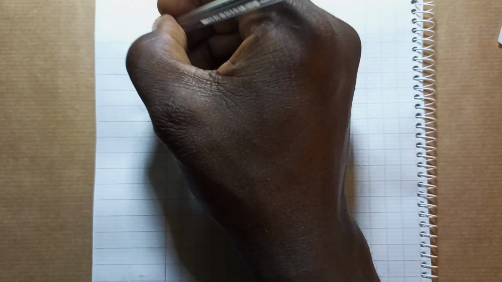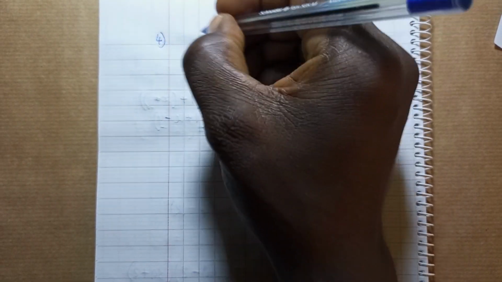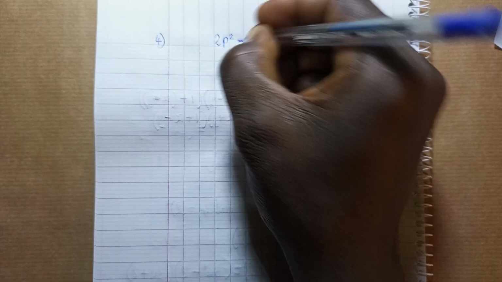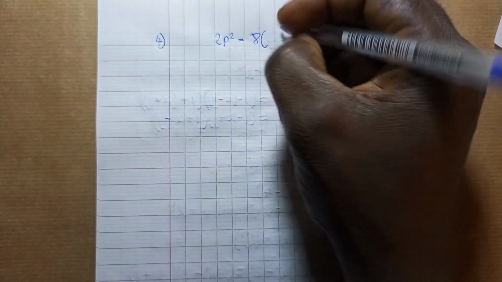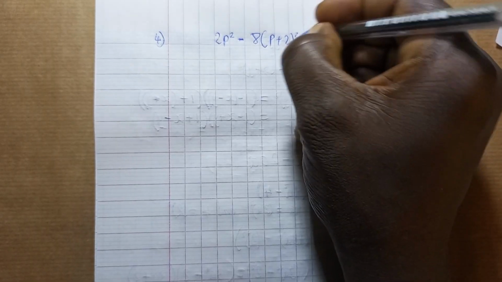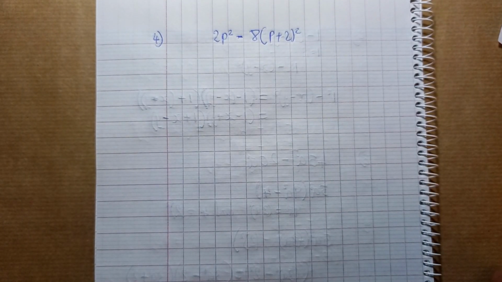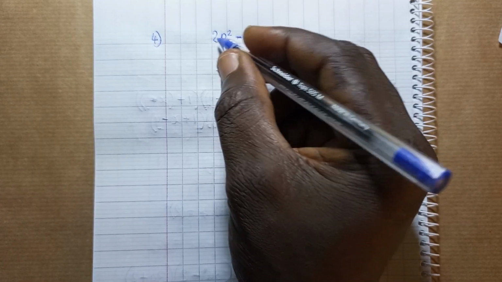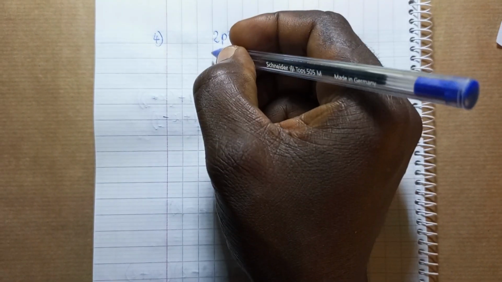For number 4 we have 2p square minus 8, open bracket p plus 2 square. So this is the equation. The first step here is to factor out the common factor. 2 is a common factor here.